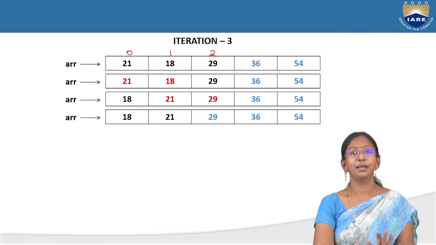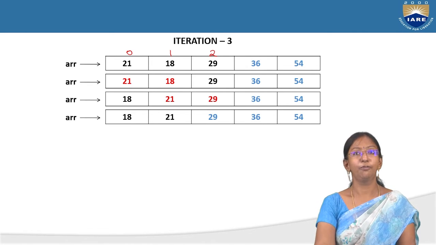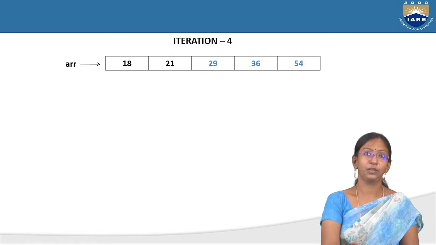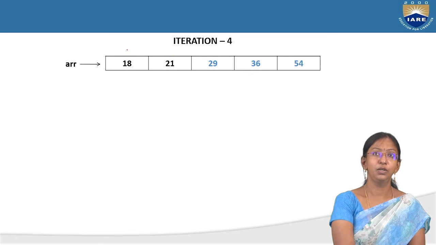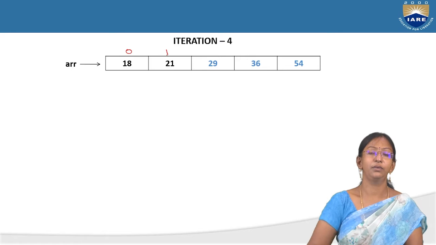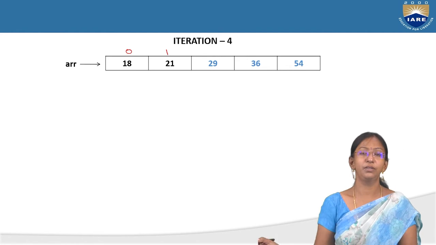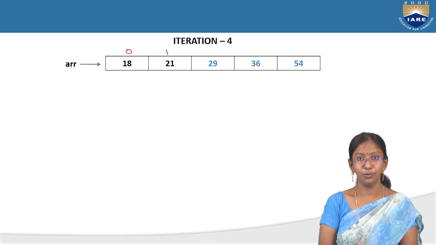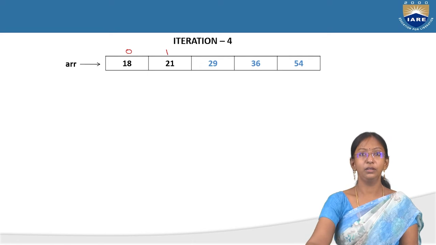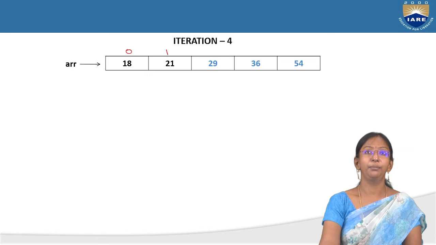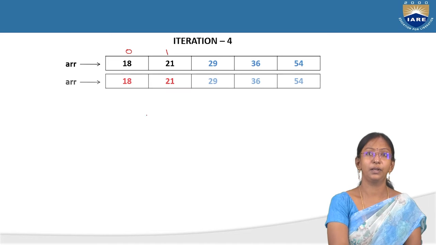With these two elements, I'm going to start my fourth iteration. Their index values will be 0 and 1. Have a look at the three elements at the end colored blue, saying that they are frozen. Let's compare 18 and 21.